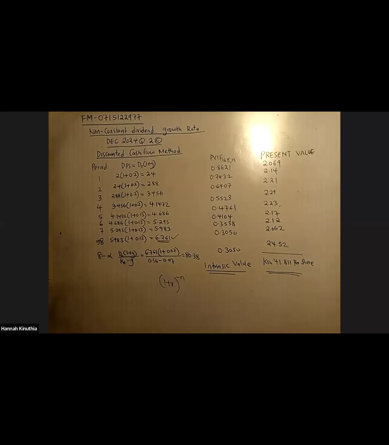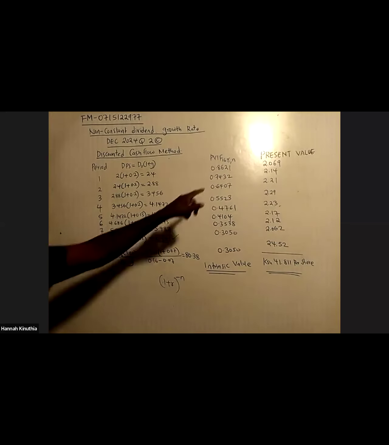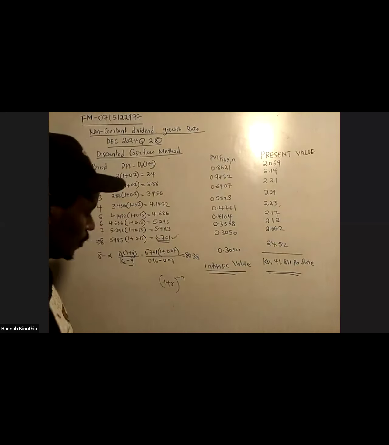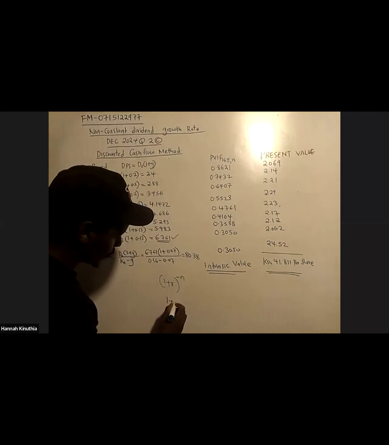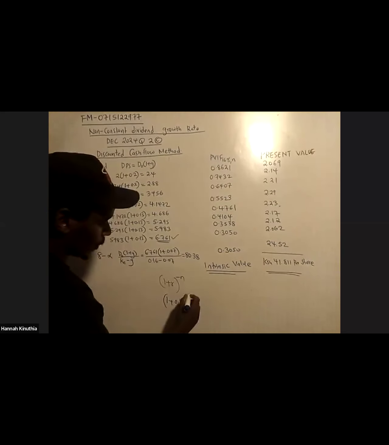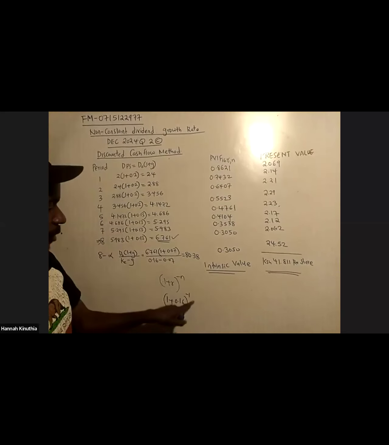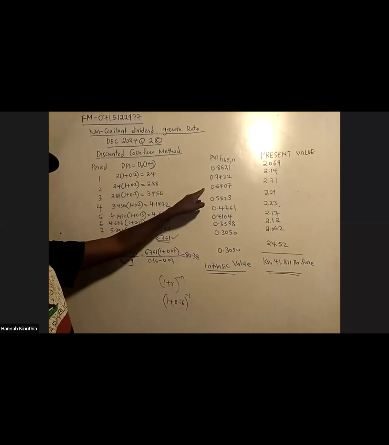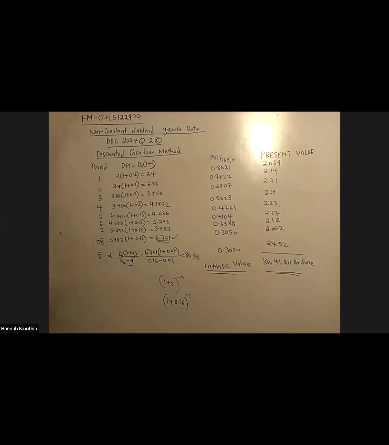R is your rate, this one 16%. So 1 plus 0.16. If you want to get year 1 you put -1, if you want year 2 you put -2, if you want year 3 you put -3, and so on.